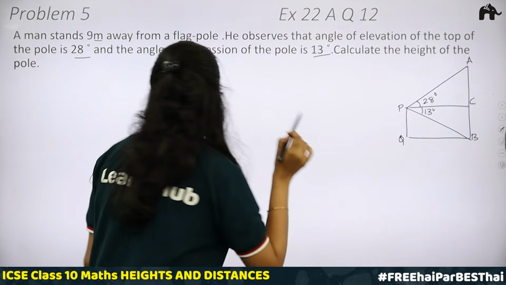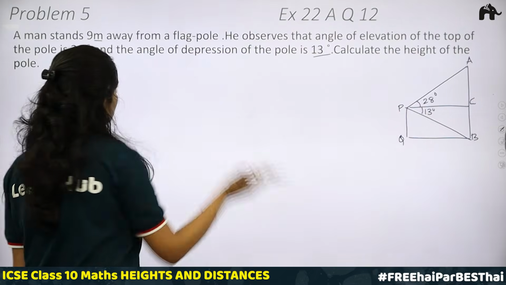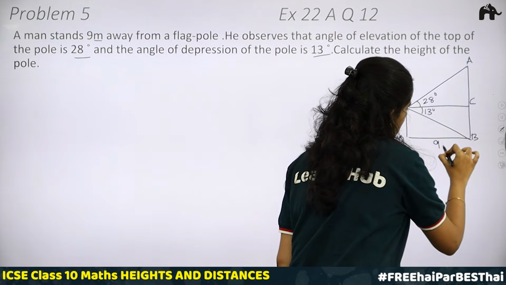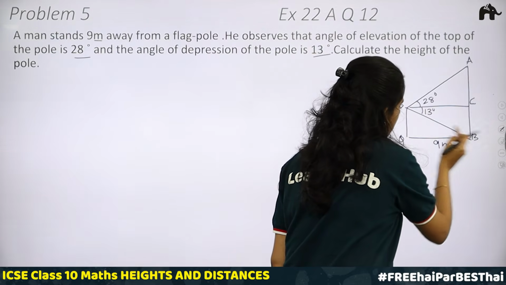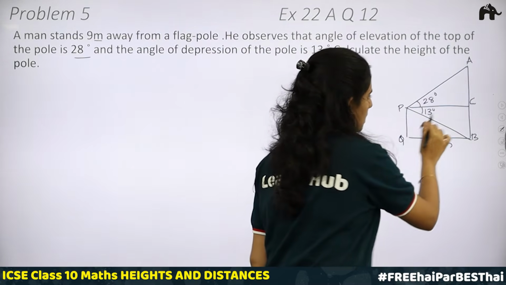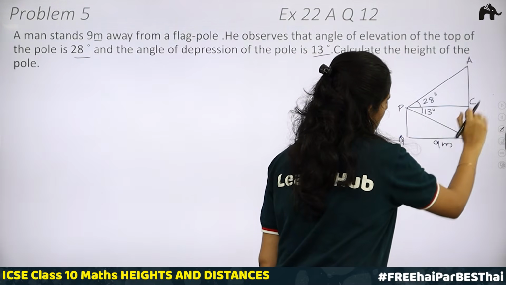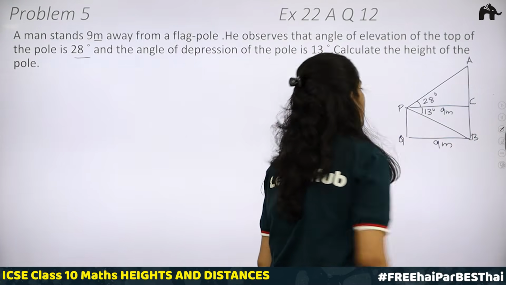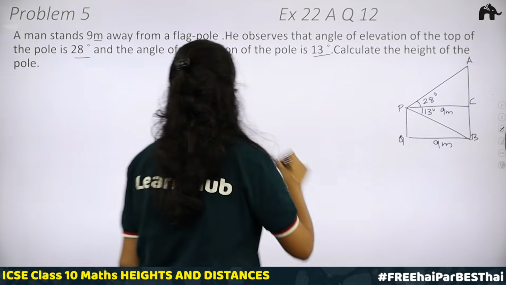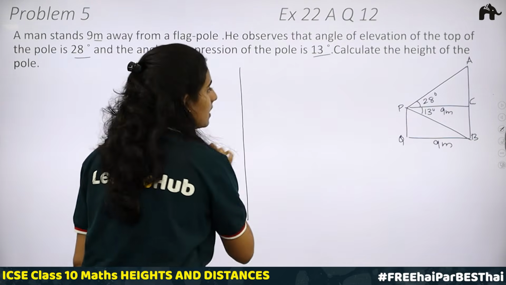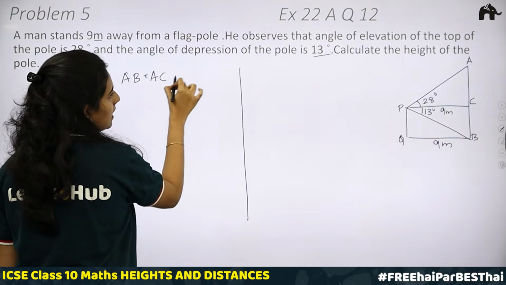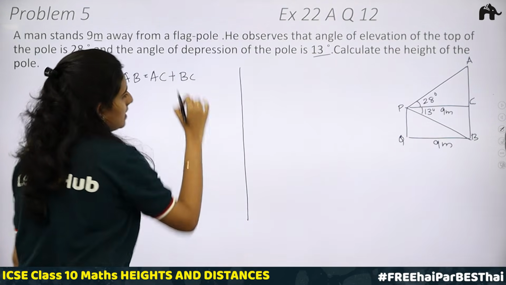It is given that a man stands 9 meters away from a flagpole, which means this distance is 9 meters. If this is 9 meters, a line that is parallel to this will also be equal to 9 meters. PC will also be equal to 9 meters. We have AB is equal to AC plus BC.